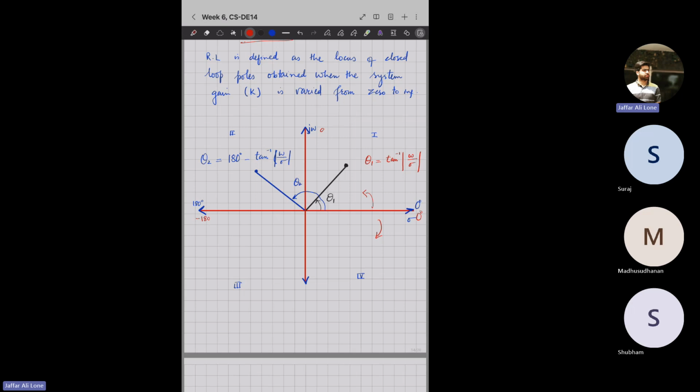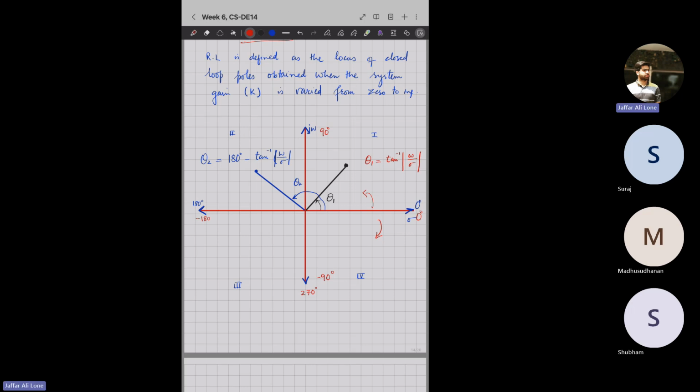This was 90 degree; clockwise, it's minus 90 degree, and counterclockwise it's 270 degree. So 270 degree and minus 90 degree are the same thing, and 90 and minus 270 are the same thing. It's just a matter of which direction you are coming from.